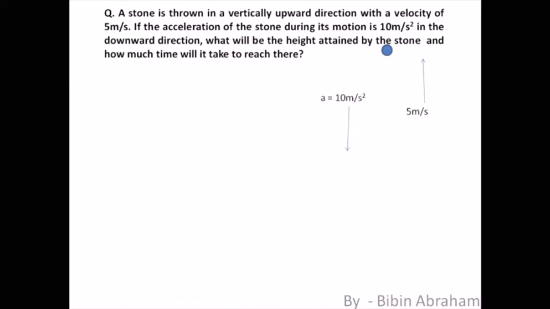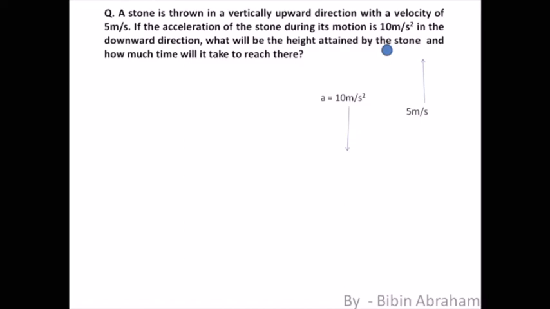Okay, now let's look at the question here. I have given my initial velocity, that is 5 meter per second. So what will be the final velocity? Think about it. What has been asked is: what will be the height attained by the stone? When you throw a stone, there comes a situation at which the stone stops in the air and then it will follow the acceleration and come down.